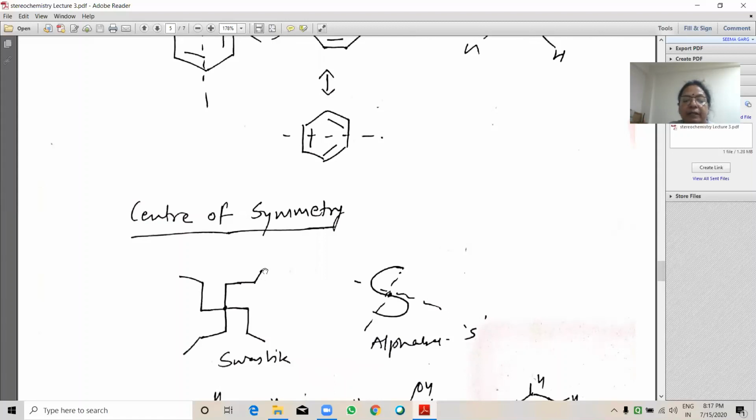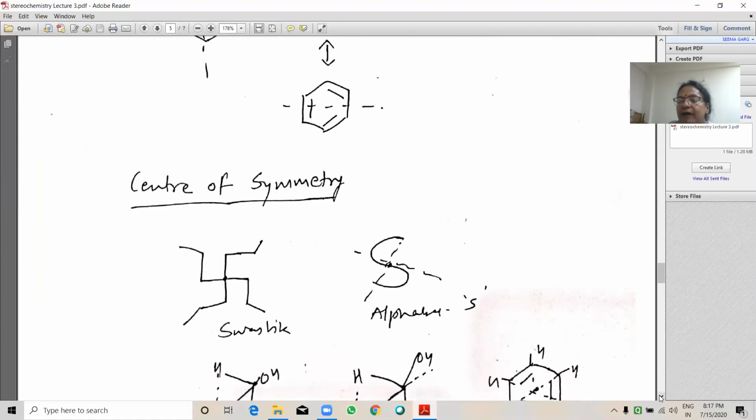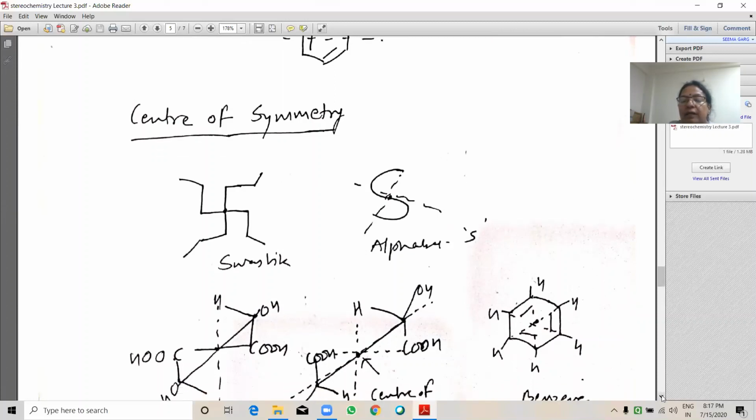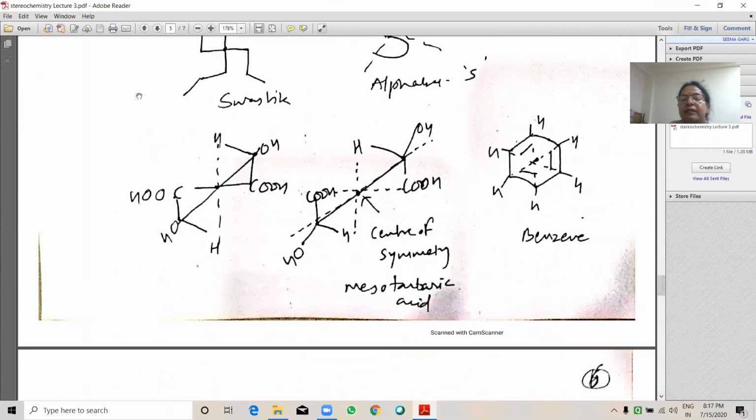Center of symmetry. If a molecule has a center of symmetry, it means it is symmetrical. The alphabet S also has a center of symmetry. It is also symmetrical. Meso-tartaric acid also has a center of symmetry. It is optically inactive.